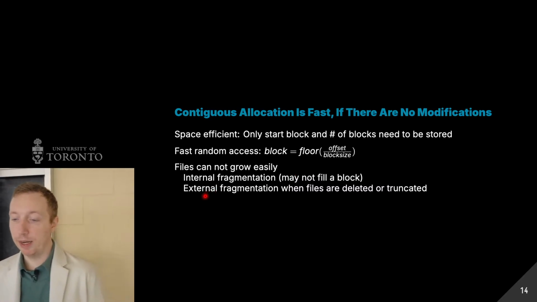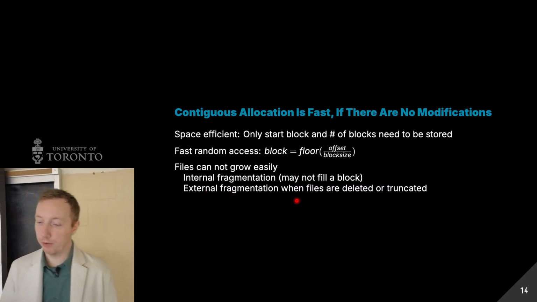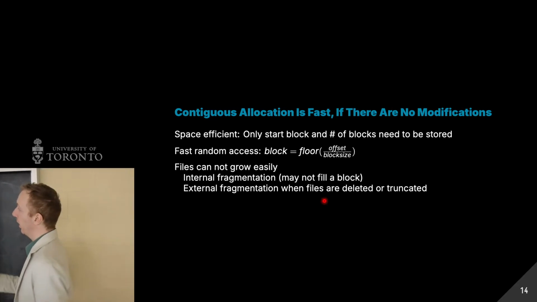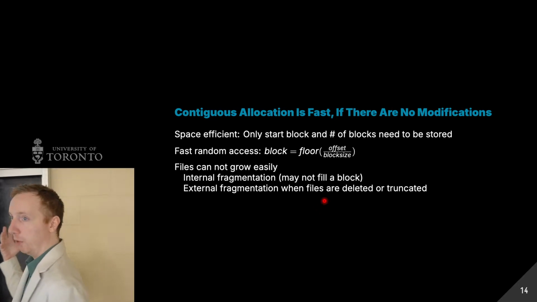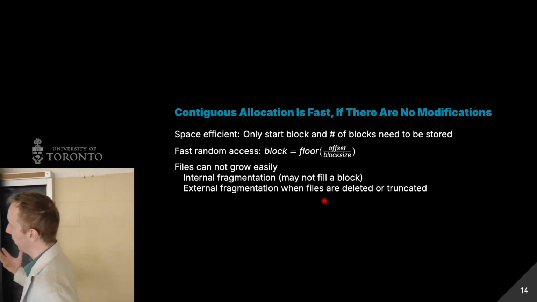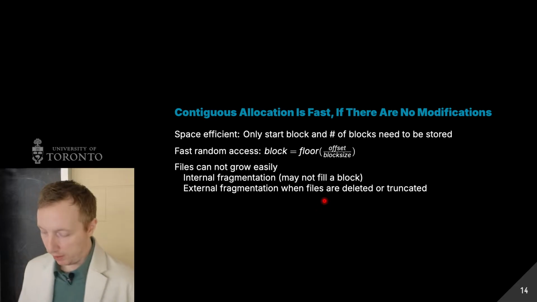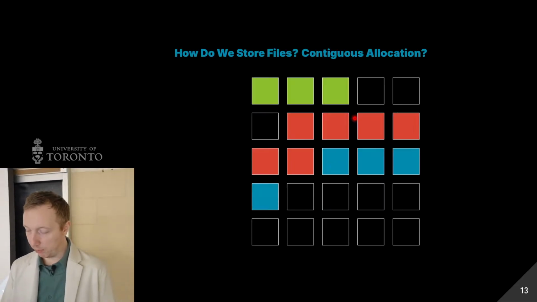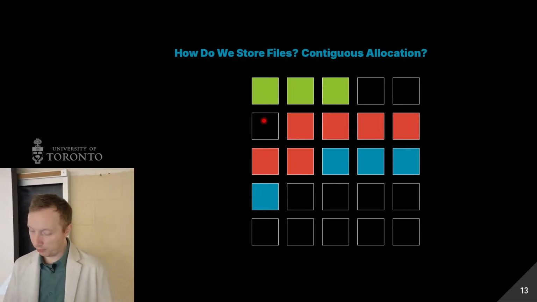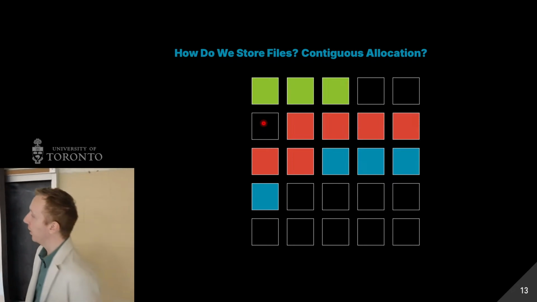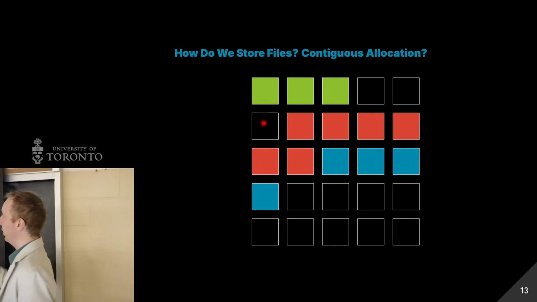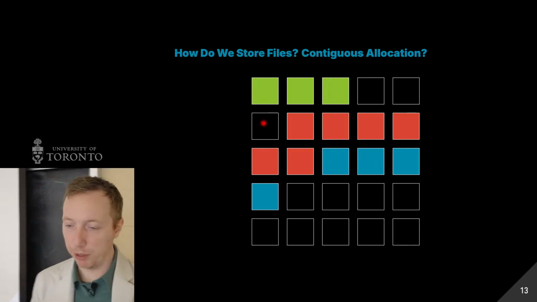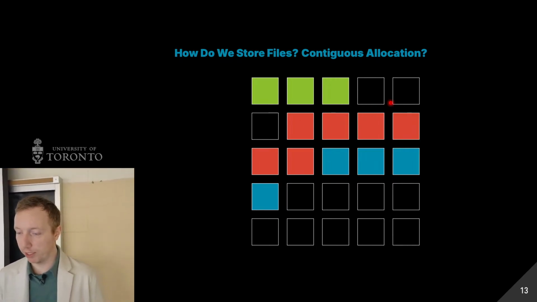What we have is external fragmentation when files are deleted or truncated, and external fragmentation just means blocks are essentially going to be useless. We can't actually do anything with them. So in what we saw before, these 3 blocks would be considered external fragmentation if we were trying to create a file of 4 blocks or greater, because they're essentially useless in this scenario.